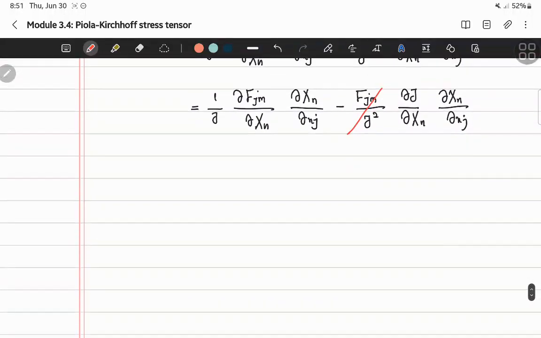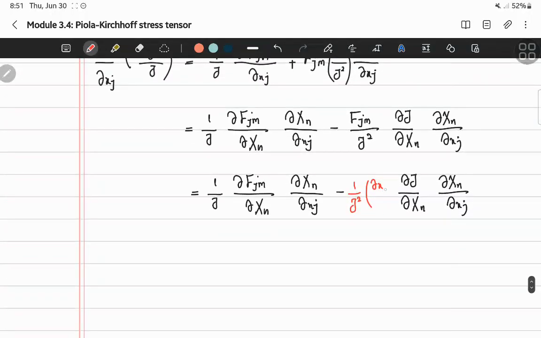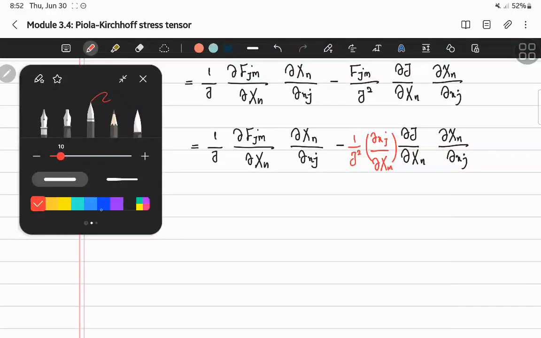It's the definition, so I substitute fjm with its definition. So it's basically 1 divided by j squared times the partial derivative of x, it was jm, so j with respect to x in here.